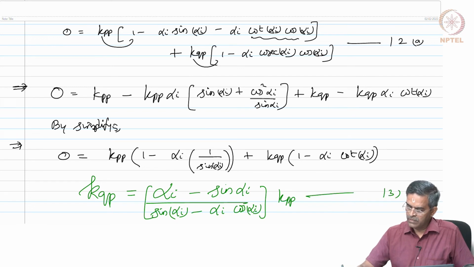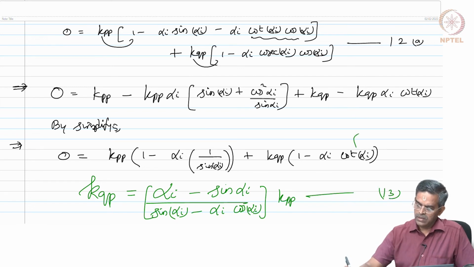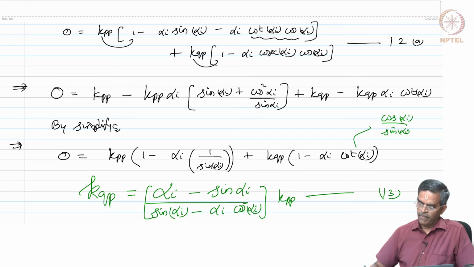Equation number 13 is very simple, because you know cot is expressed as cos by sin; there is sin here, take a common denominator, multiply that with 0, and the denominator goes away.